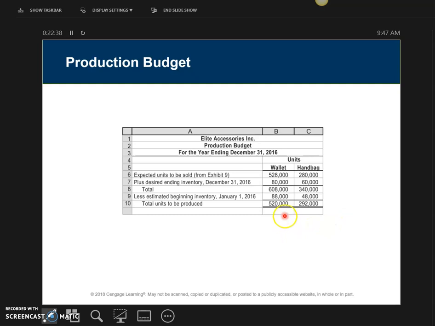So right now, even though I'm going to sell 528,000 wallets, I only need to make 520,000. Here I only need to make 292,000. So far, it's easy. Now we're moving to direct materials budget. This is where we're going to break it down.